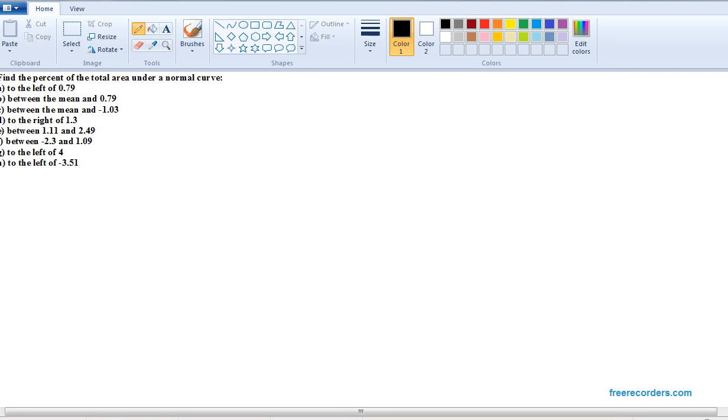Our problem asks us to find the percent of the total area under a standard normal curve in part A to the left of 0.79. Okay, so let's take a look at a standard normal curve. Looks something like this. Now remember, the mean is the highest point on the curve, and standard normal means the mean is 0.